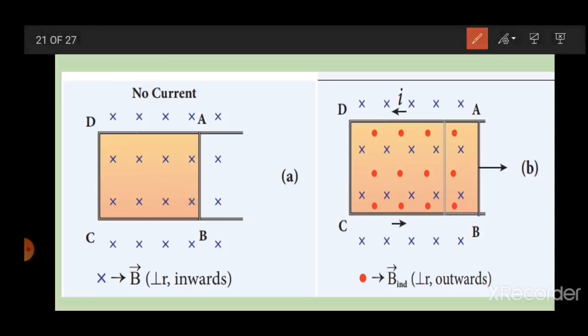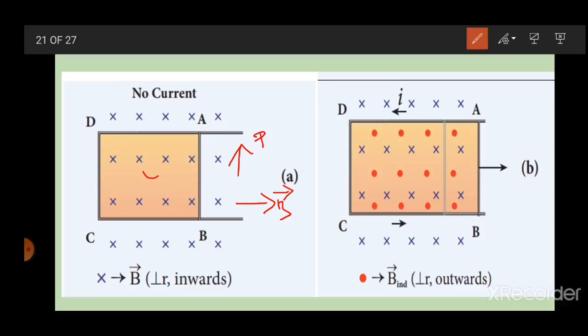See, this magnetic field is perpendicular to the plane of the paper, pointing in the inward direction.